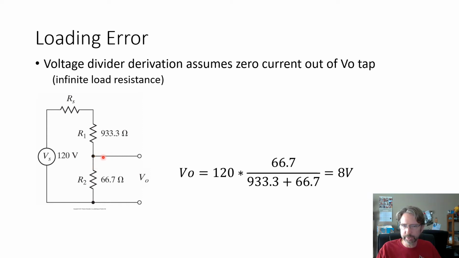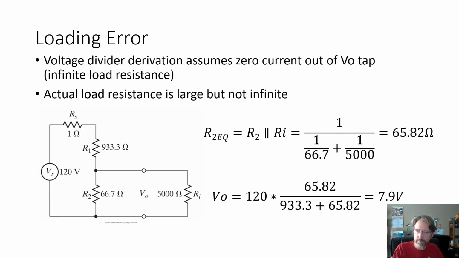Normally this current is so small, because this resistance is close to infinity, that we can neglect it and it all works out. In this next example, maybe this is a cheap multimeter with pretty low impedance. We'd like the multimeter to be around infinity, and it's really 5,000 ohms.